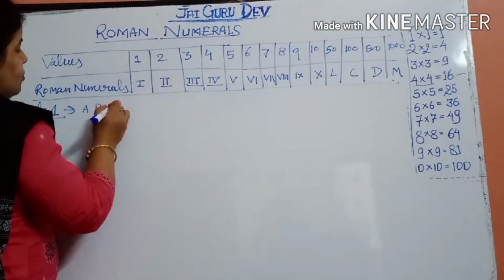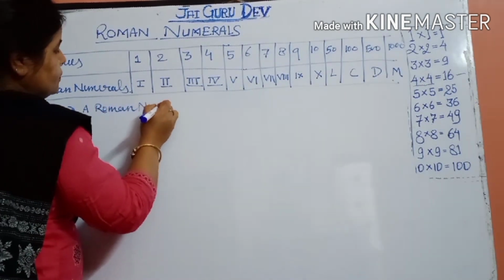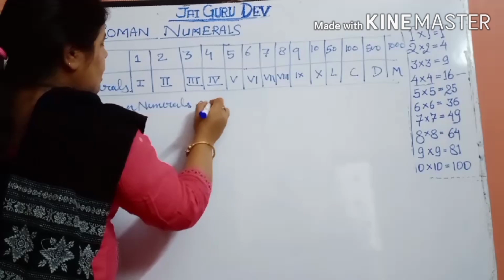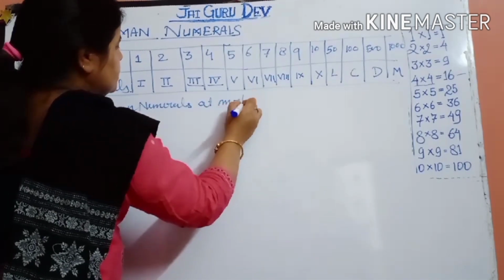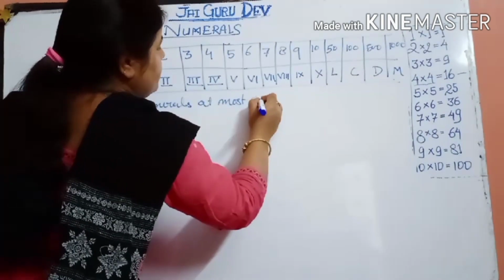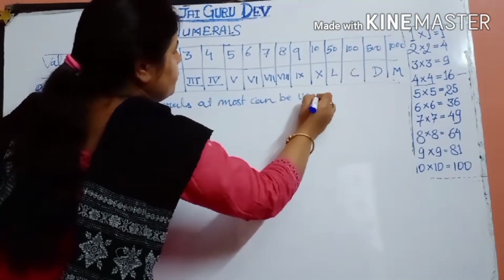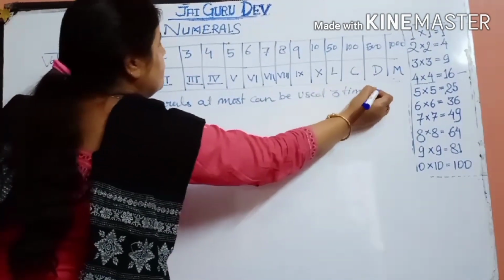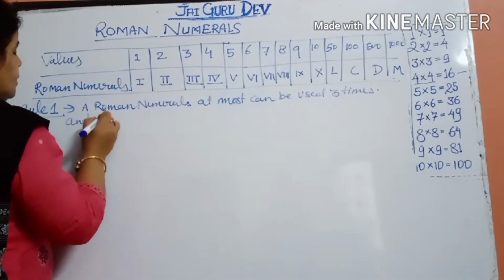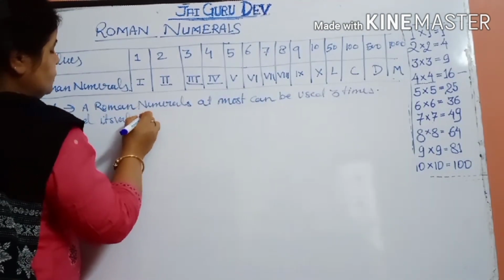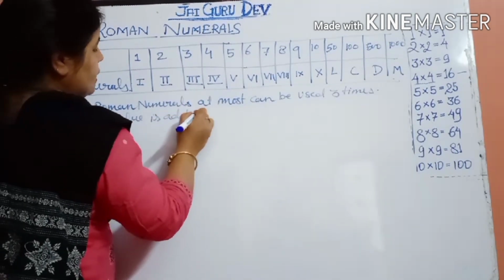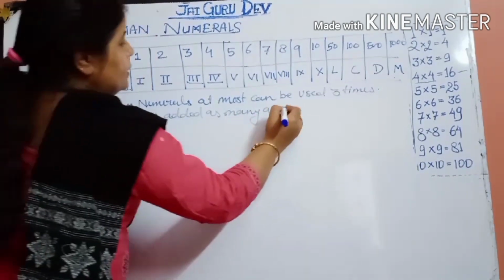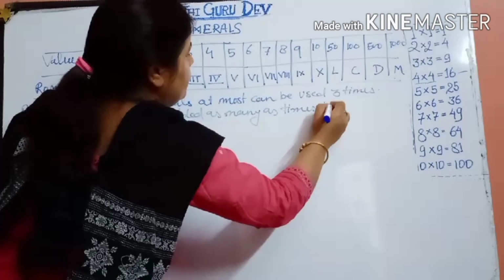A Roman numeral at most can be used 3 times, and its value is added as many times as it occurs.